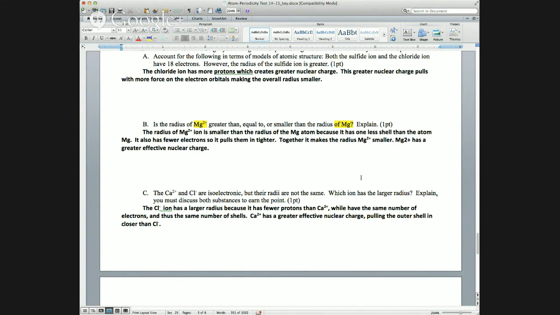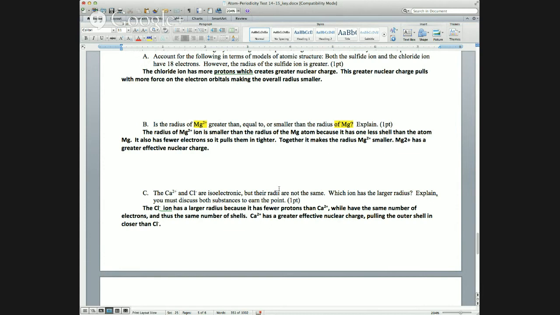So it has a greater effective nuclear charge, meaning it pulls the electrons closer and makes the ion radius smaller. Okay, so that is 4C. Again, you're comparing electrons, you're comparing protons, you're comparing shells. Because it has the same number of electrons, it's the same shell. There's no shielding difference. It's all about the protons then. Okay? So hopefully that answered 4C.